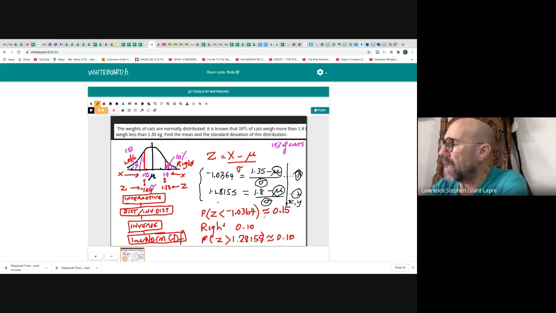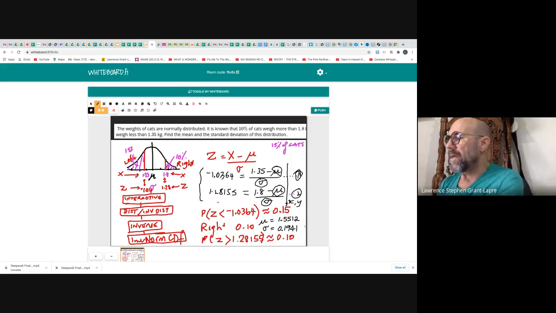And it will say that X, our mean, equals 1.5512. I'll use 4 decimal places. And our standard deviation is 0.1941.